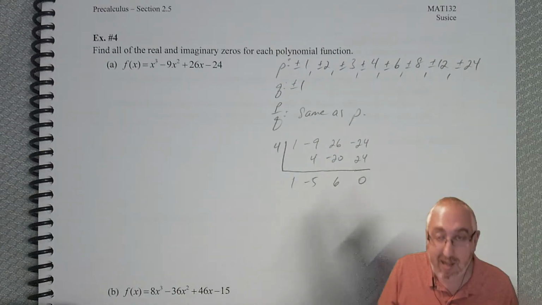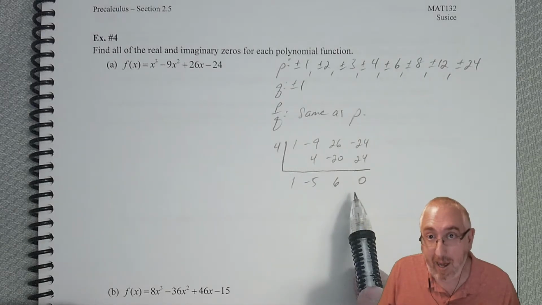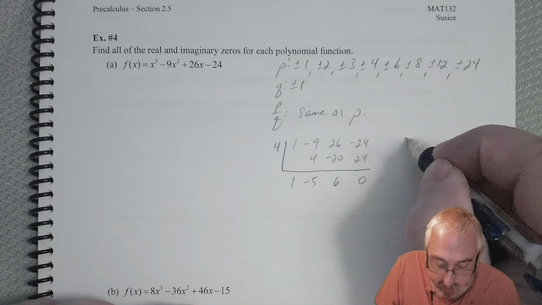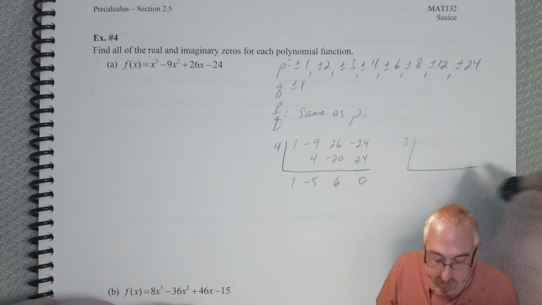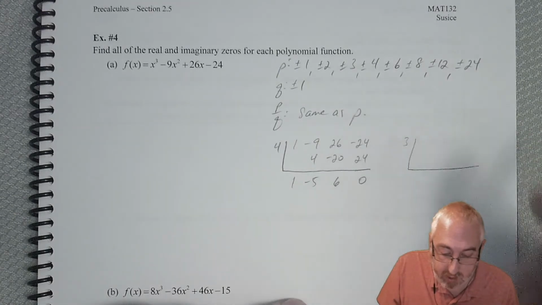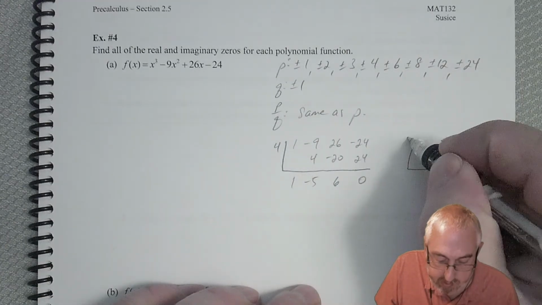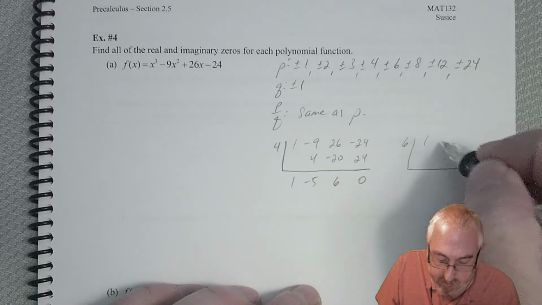But like I said, we got lucky and found a 0 right off the bat. But we could have tried any of these other ones. I mean, we could have tried 3, to see what we get as well. We could have tried 6. I grabbed 4 just randomly, but let's just try 6.